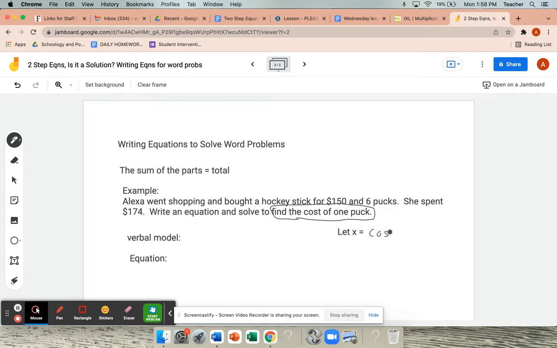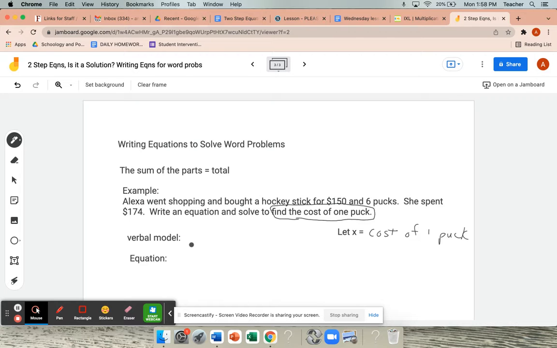Our x is the cost of one puck. In algebra, you will hear the let x statement. All you're saying is you're identifying what your variable is. So x equals how much one puck costs.